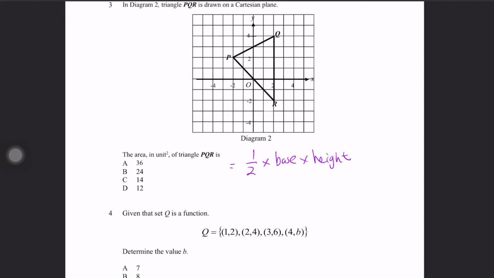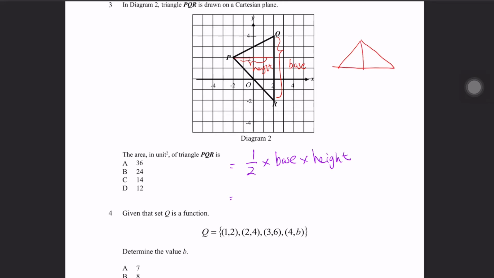We have this kind of triangle. Actually you can pusingkan, awak boleh pusingkan segitiga ni. What I mean is you can take this as our base, and you can take this part for the height.